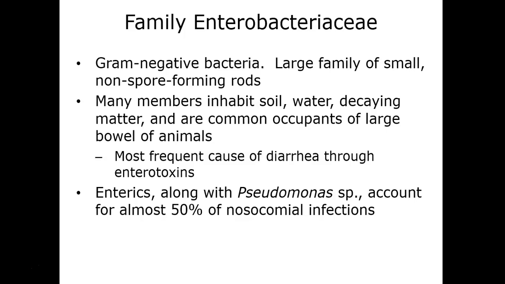We also find them as members of the large intestine in animals, and the most frequent cause of diarrhea through toxin formation. The Enterobacteriaceae are also all glucose fermenters. So all of the members of this family are able to ferment glucose.